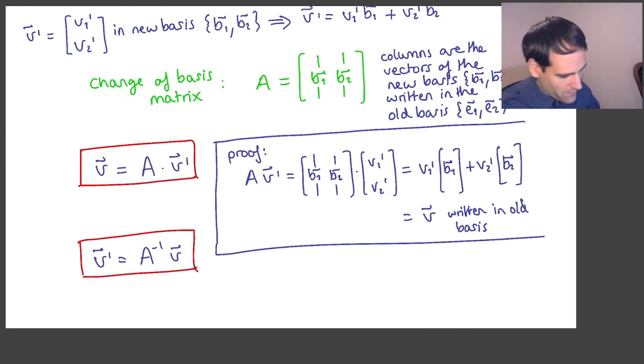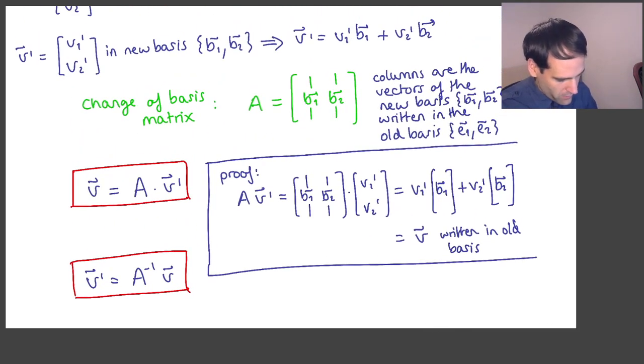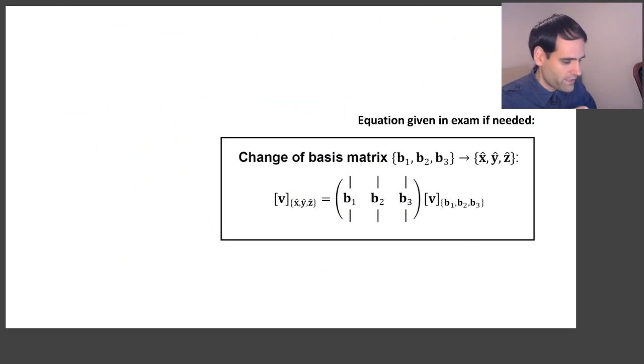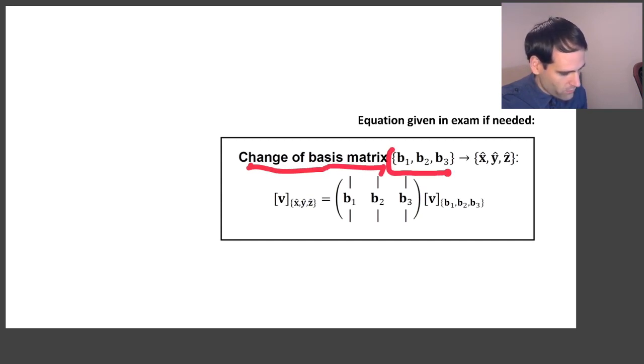Now, it's a bit tricky to remember what is the order. So do I have to use A to convert v prime into v, or do I use A to convert from v to v prime? So it's tricky to remember, right? So don't worry, in the actual exam I give a list of formulas and I literally write that the change of basis matrix to change from basis B1, B2, B3 into basis x hat, y hat, z hat is this matrix here.